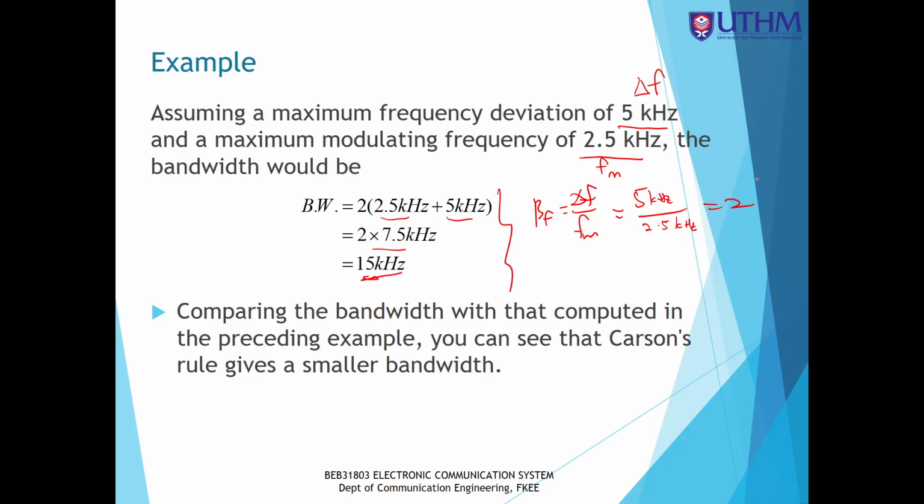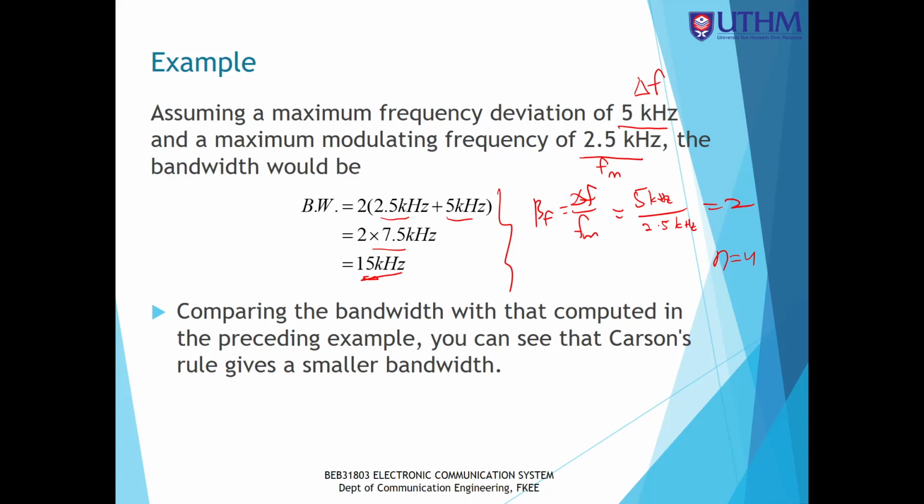So beta is equal to 2, this is similar with the previous example, where we got the value of n equal to 4. In the previous example, for beta F equal to 2, we get n equal to 4, and Fm is equal to 2.5.